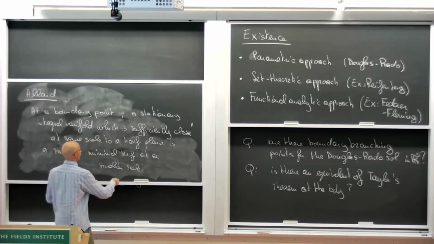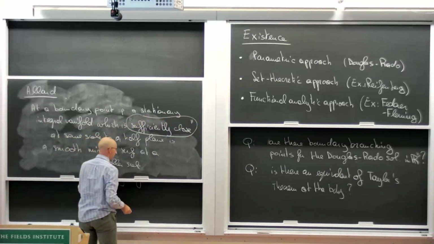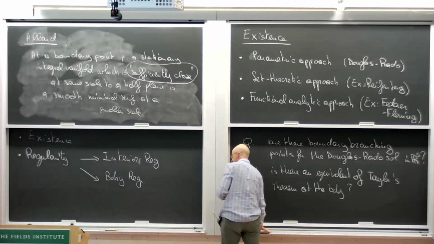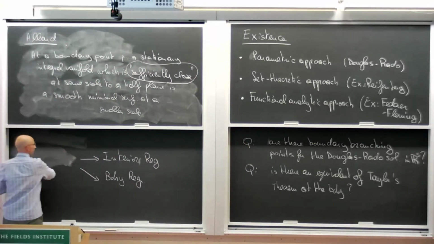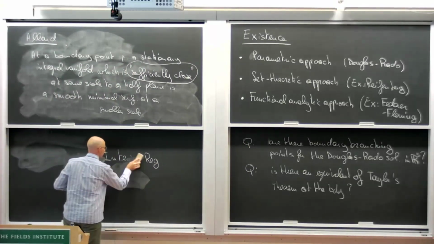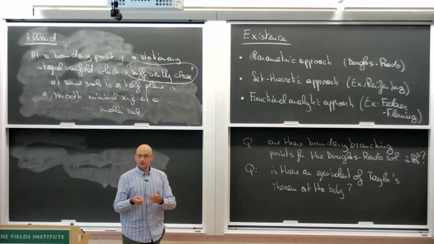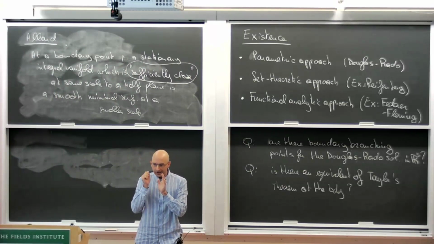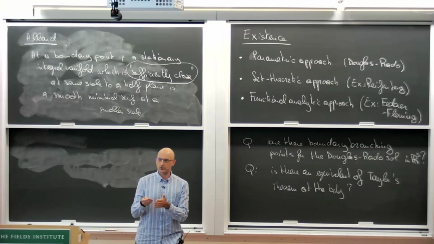Now, of course, I should actually specify what I mean by sufficiently close, but there's a very elegant way of telling you what it means to be sufficiently close. It's just enough that, say, when you intersect with a ball of radius r, the total area of your object is not much larger than the area of half a disk.